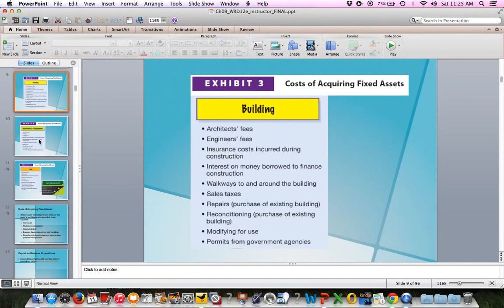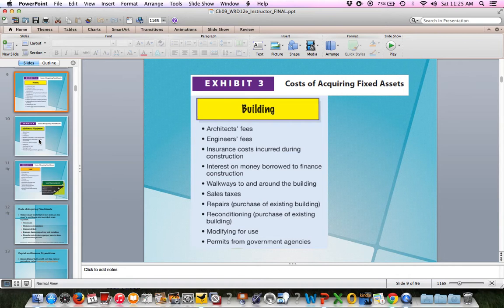So just some costs of acquiring a fixed asset. It's not necessarily just the negotiation of buying something. It's basically all the costs that we might incur to get a physical asset ready to use. For example, if we're going to build a building, maybe we would build a building from scratch and we'd work with a contractor to do that.